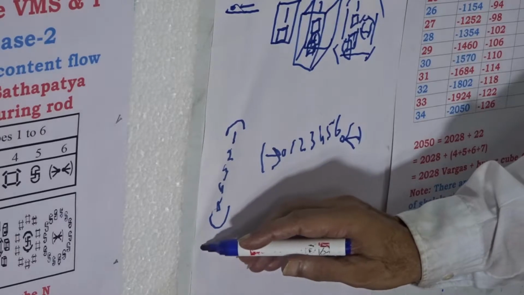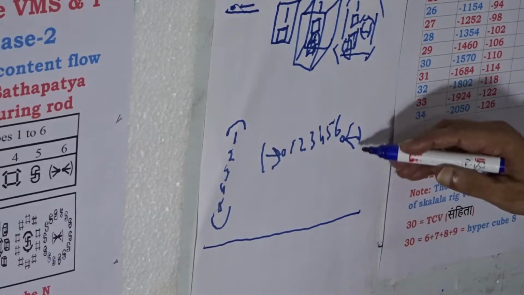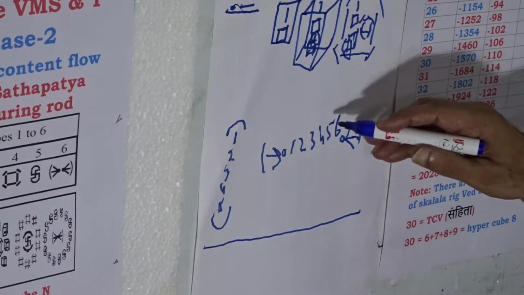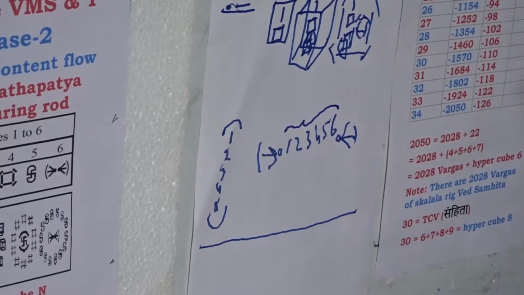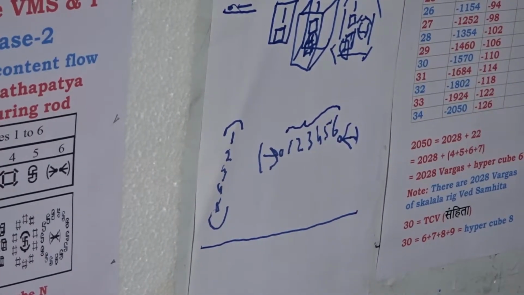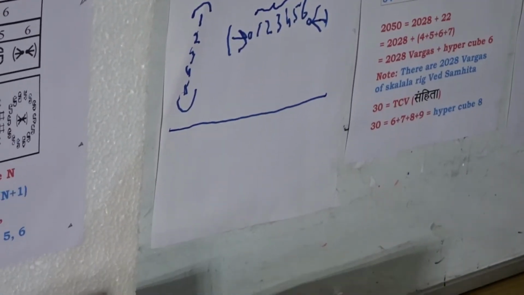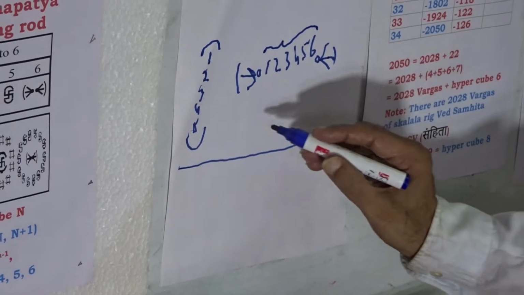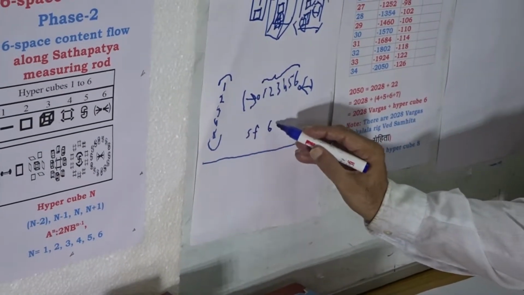Today our focus is going to be as to how within 6 Space there is a sequential manifestation of 1 space to 6 space bodies. It is this phenomenon which is the phenomenon of a sequential flow of 6 Space content.